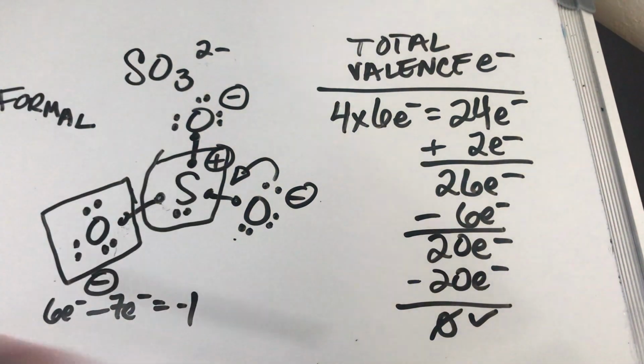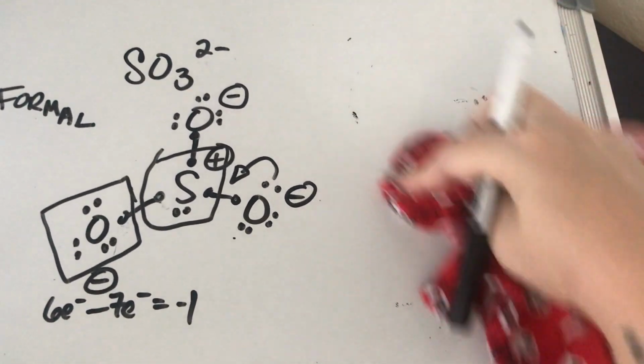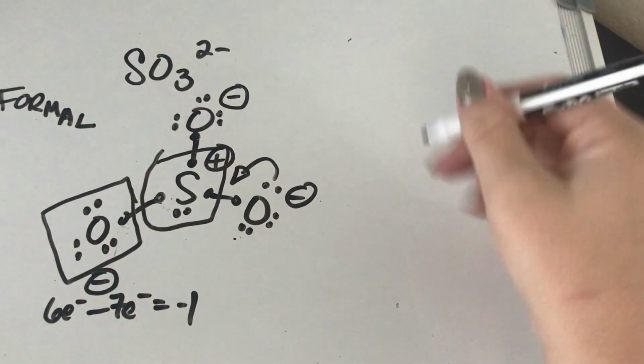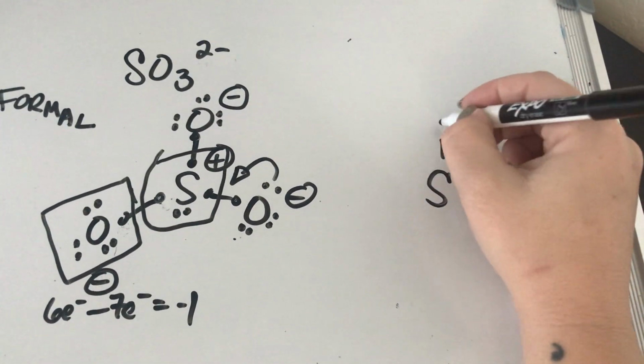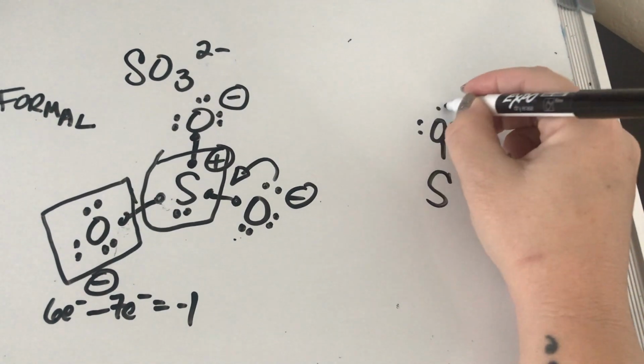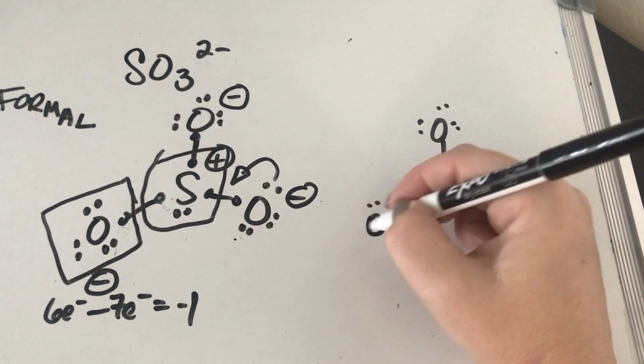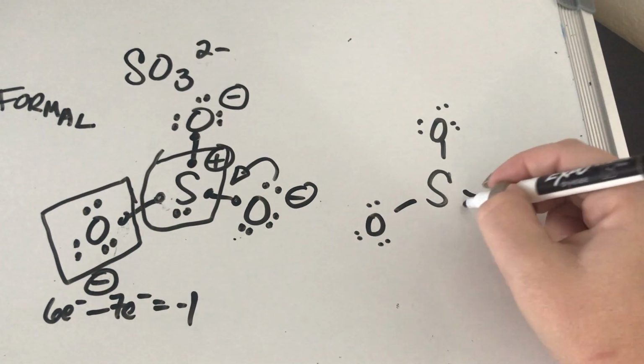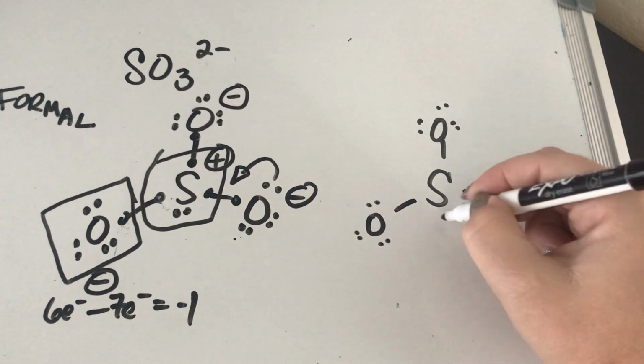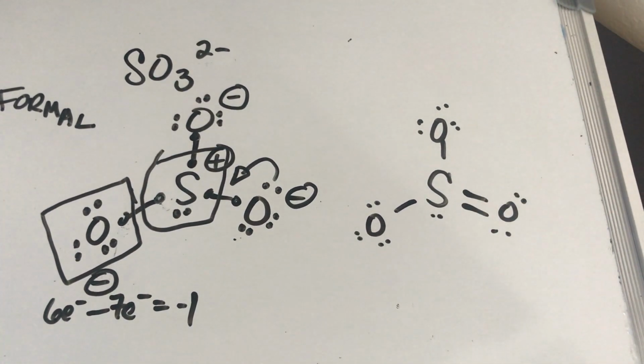So we get this structure. Once we change a structure, what do we need to do?